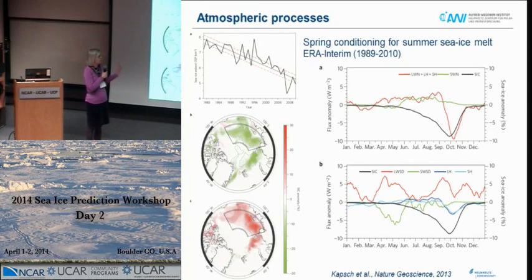Then if you look in the springtime at the fluxes from the atmosphere, at the top you have the longwave, the latent and sensible heat flux in the red, and you don't see anything particularly there. But if you divide them into the components and look at the longwave down, you see that you have a big anomaly here in the spring that then leads to, or it looks like this has an impact on, the minimum that you're reaching in September.